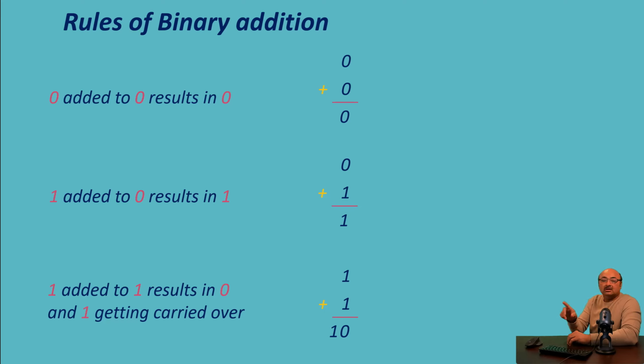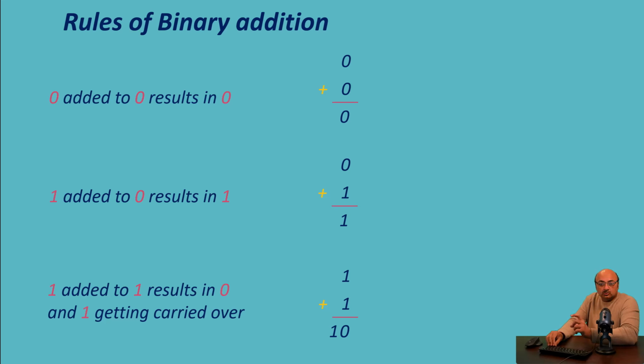So you get a 2-digit number, which is 10, whereas in decimal, adding 1 to 1 gave a single digit, 2. Binary 10 is equivalent to decimal 2, and we will show how to convert binary 10 into decimal 2 later on. But this is the basics of how addition in binary works.